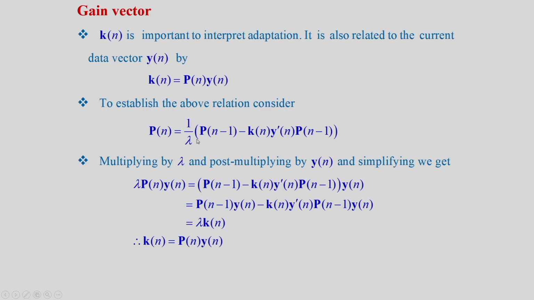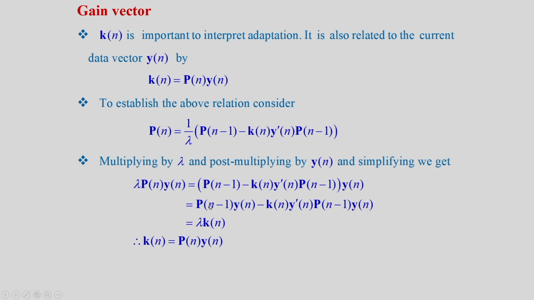Pn is equal to 1 by lambda times Pn minus 1 minus kn into yn transpose into Pn minus 1, and multiplying by lambda and post multiplying by yn, because this is a matrix we are post multiplying by yn, and simplifying we get lambda times Pn into yn is equal to Pn minus 1 minus Kn into yn transpose into Pn minus 1 into yn, because we are post multiplying by yn.